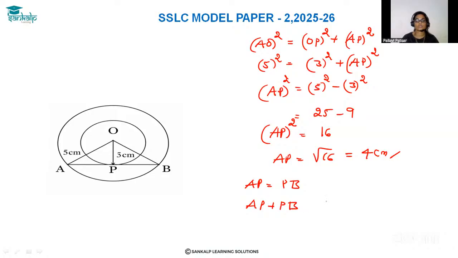So it means twice the AP. So when we double AP, we get the total length of the chord, children. So here AB is equal to 2 into AP, 4 centimeter. So this is equal to 8 centimeter. So the length of the chord is 8 centimeter. Thank you.